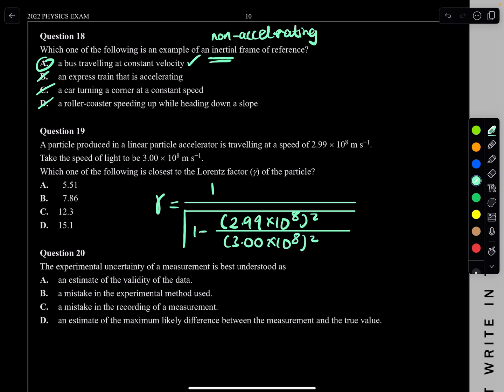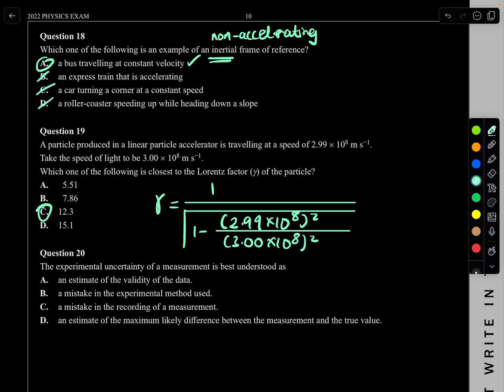Putting this in your formula should give you your Lorentz factor, which gives me 12.25. 12.25, which is approximately C.